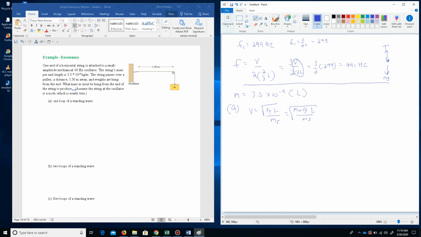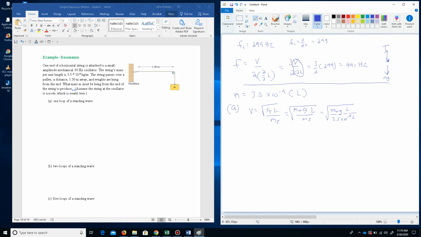Right, so what we can do here is plug in for the mass of the string what we have here, 3.5 times 10 to the negative 4 L. So you have mass of the weight, gravity, and then 3.5 times 10 to the negative 4 L, and then L on the top.